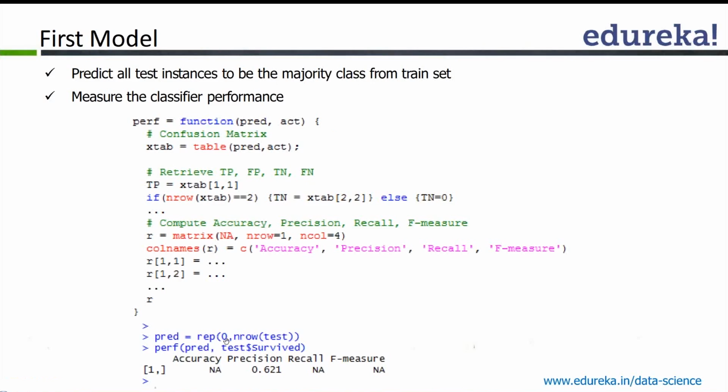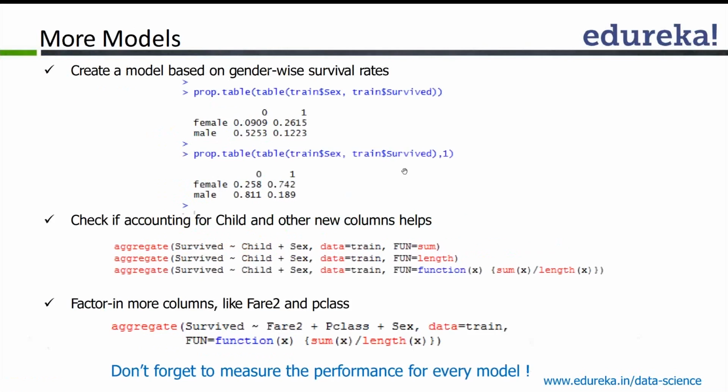Your predicted array will be that majority class, and the actual will always come from the test set. Then you can see the performance of such a simplistic model, just to get your hands dirty. It doesn't really use any independent variables, but obviously you can do a lot more.